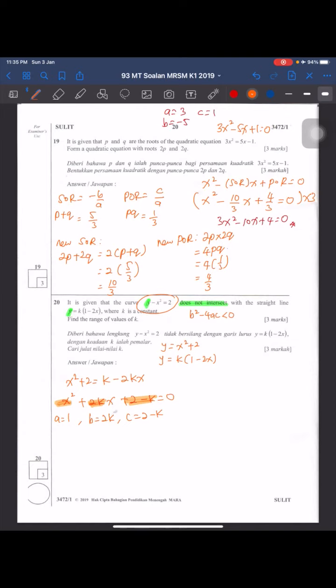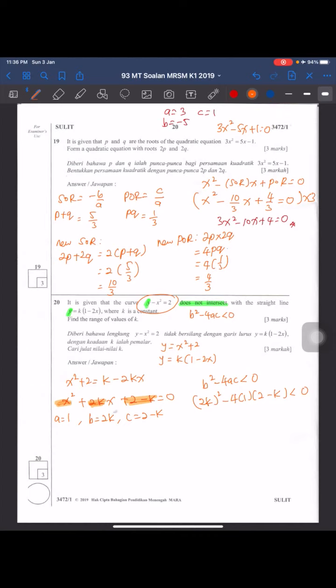So substitute dalam kita punya ini. Okay, so we have b square minus 4ac is less than 0. So b is 2k square minus 4, a is 1, c is 2 minus k, is less than 0.